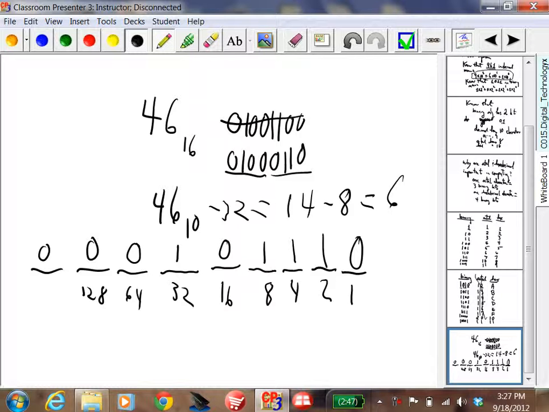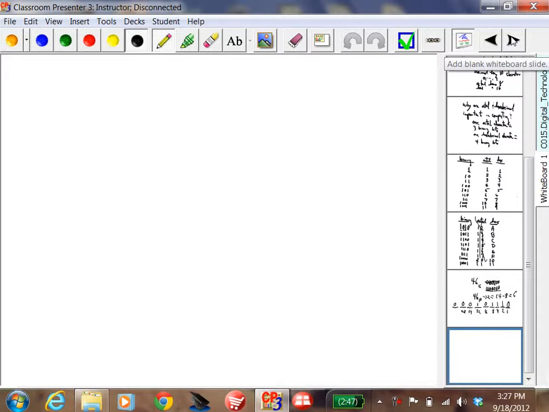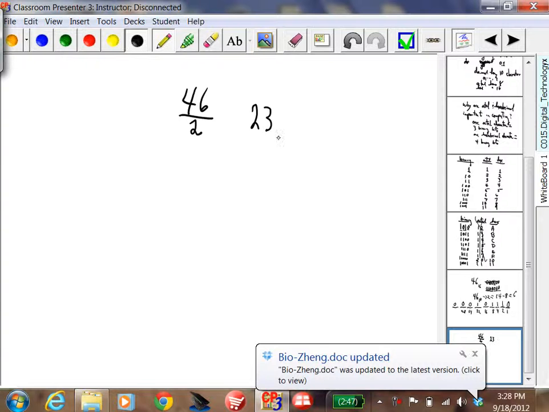In your textbook, when it talks about converting decimal into binary, they do it like this. If they want to convert 46 into binary, they divide the 46 by 2, okay? And they will say that's 23 with a remainder of 0.